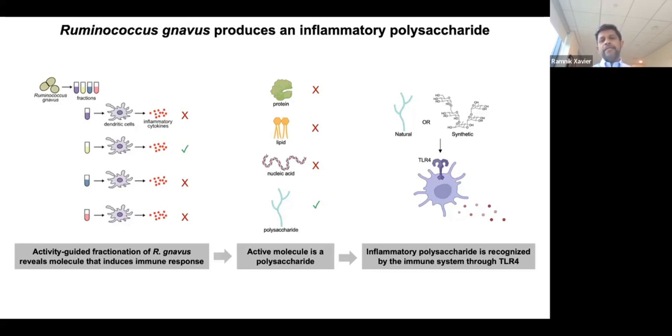We then try to find out what is the chemical structure that brings about that reaction. And in this particular example, we were able to identify the molecule made by Ruminococcus gnavus and go on to show that this signal increased the risk of inflammation.